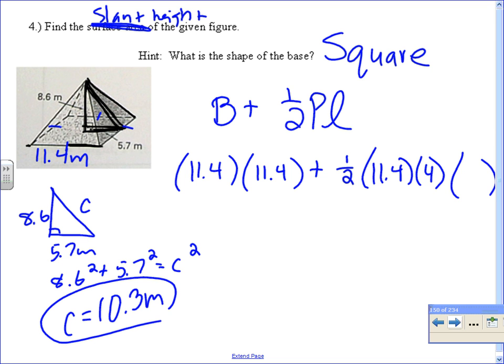Did everyone get that? Okay, so then 10.3 goes in here. If you haven't already, calculate each side of the surface area formula. And then again, you guys are going to arm exercises today. Raise your hand once you get it. Donata, is she working still?